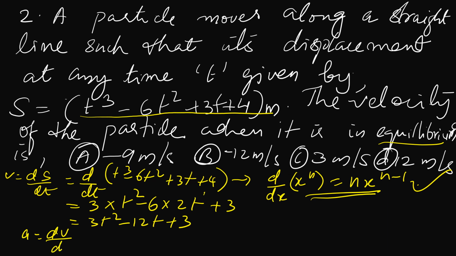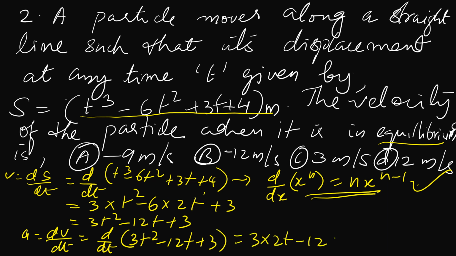And acceleration is dv by dt, rate of change of velocity, or d by dt of 3t square minus 12t plus 3, that is 3 into 2t minus 12. And when the particle is in equilibrium, force is 0. That means force, ma, is 0, which means acceleration is 0, since mass cannot be 0.